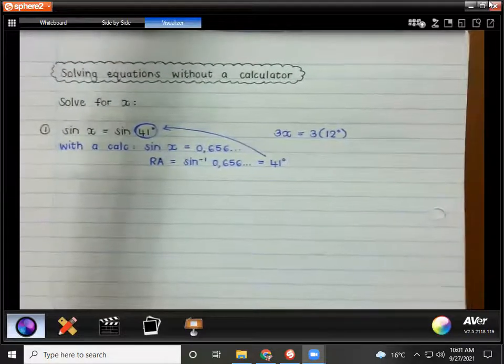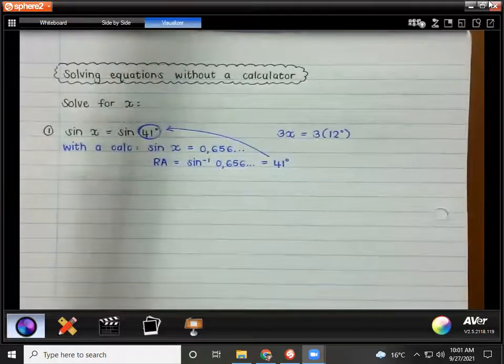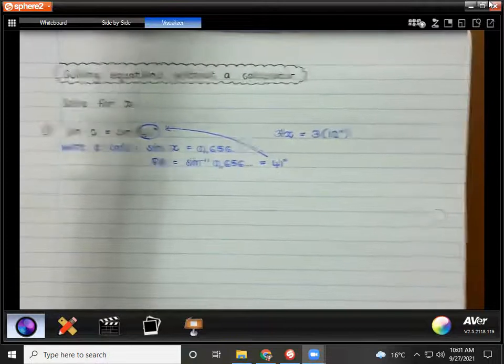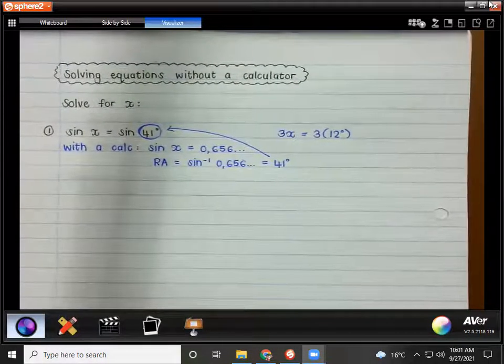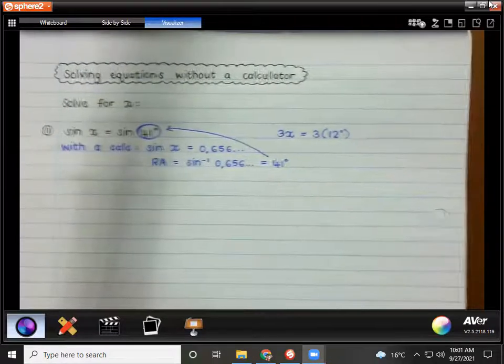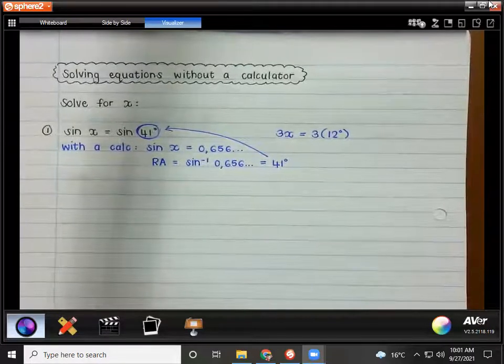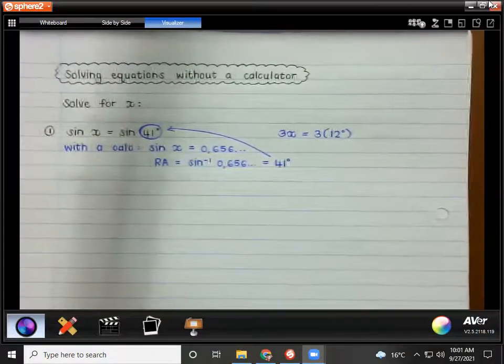All right, if they've given you sine x is equal to sine of a number, they have already given you the reference angle. Okay, if they're saying sine x must be equal to sine 41, does it make sense that x must then be equal to 41? But because it's a trig equation, every 360 degrees after that as well.